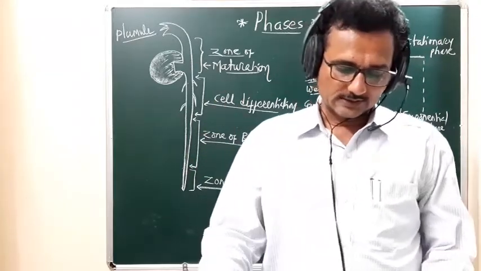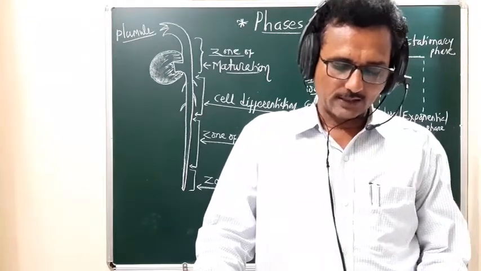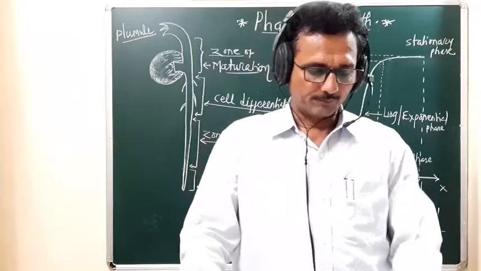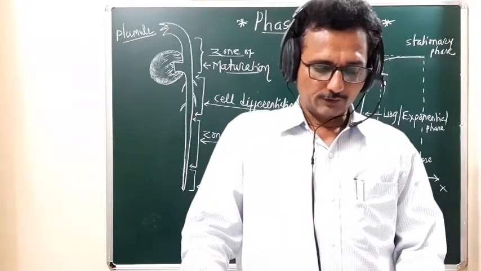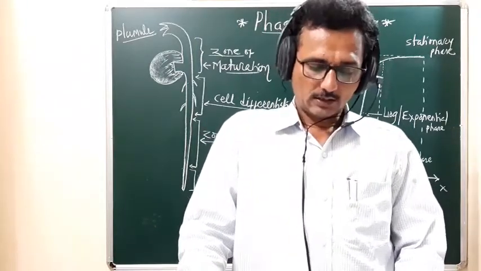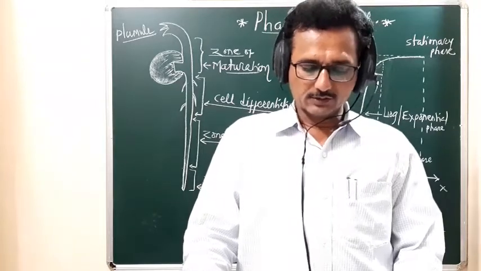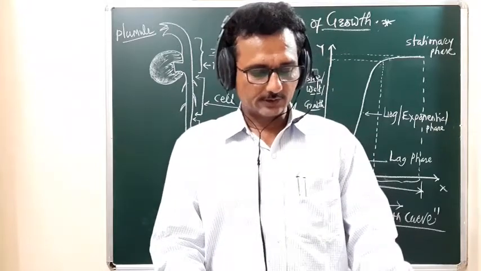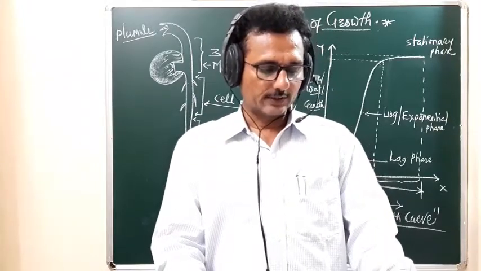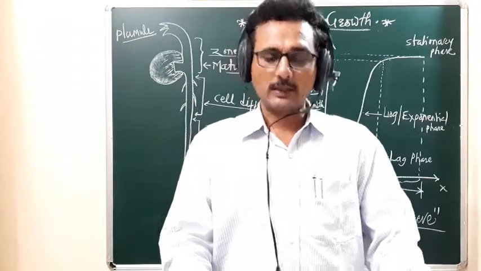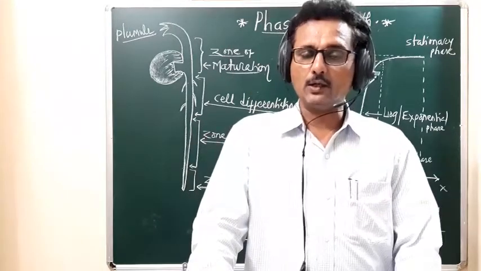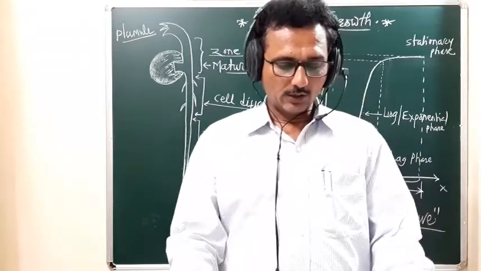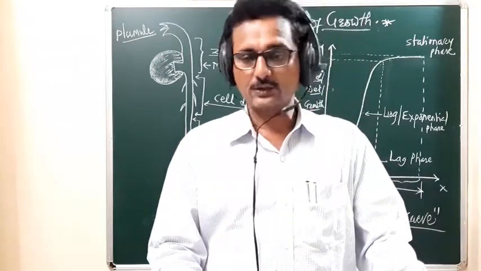With respect to this, the question is: the correct sequence of the cellular growth phase is, first option, division, differentiation, elongation. Second option, first division, followed by elongation, followed by differentiation. Third option, differentiation, followed by division, followed by elongation. And fourth option, elongation, followed by differentiation, followed by division.